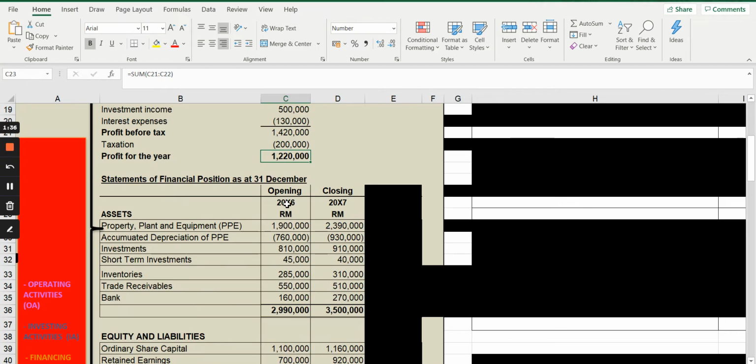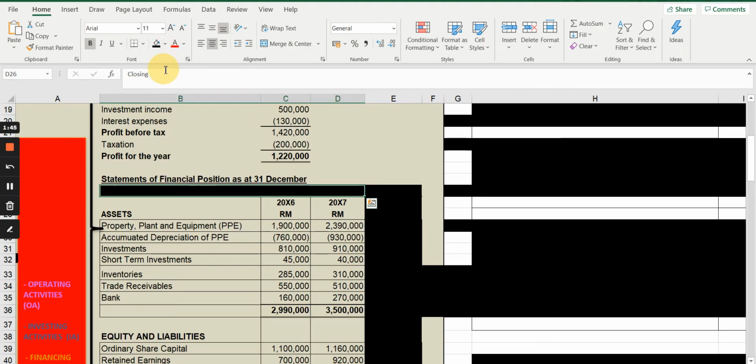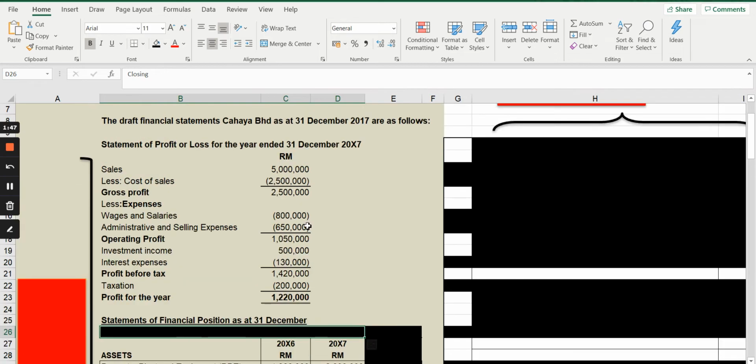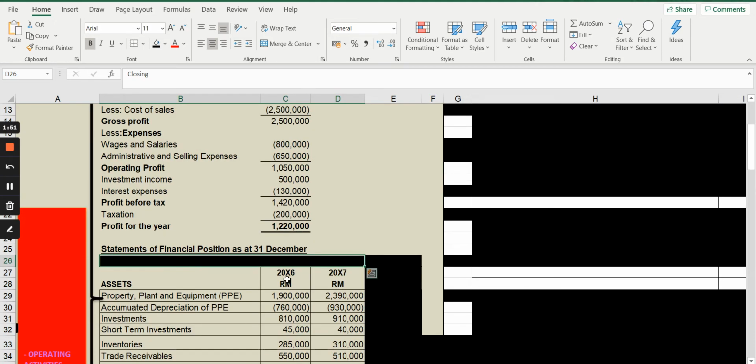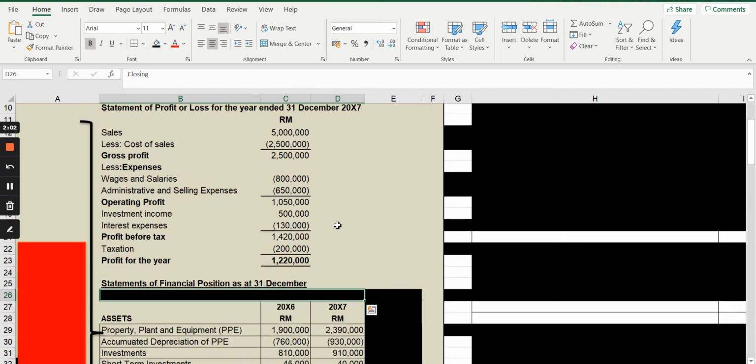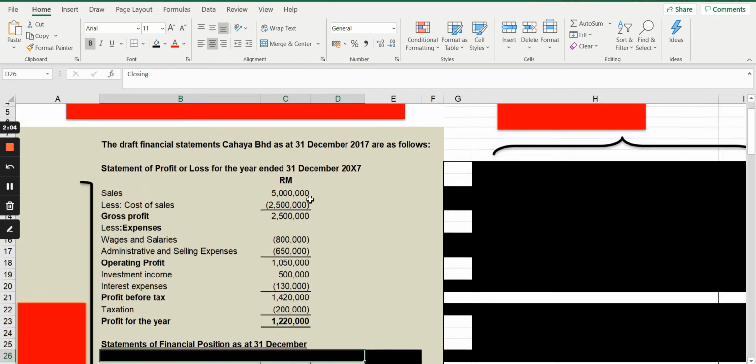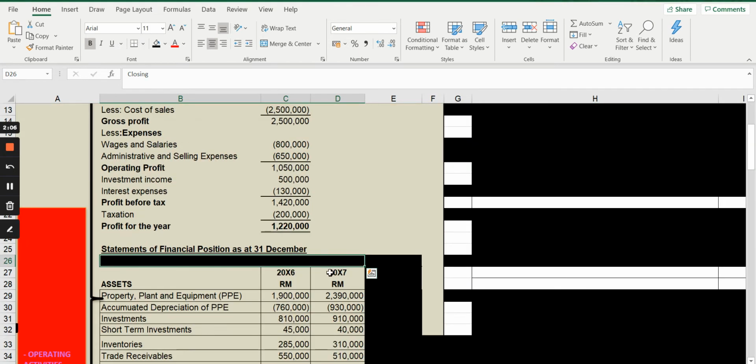One is 2000x6, which is 31st of December in our prior year, which means this is 1st of January 2000x7 if you talk about the current year. So the current year is 2000x7 and the year end of the company is the calendar year, so 31st of December 2000x7.